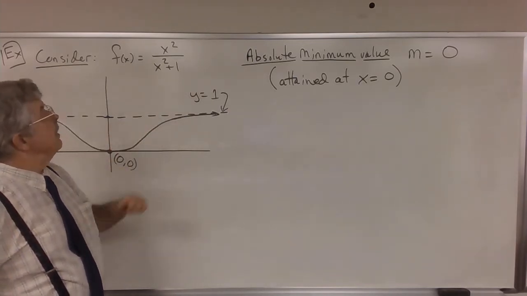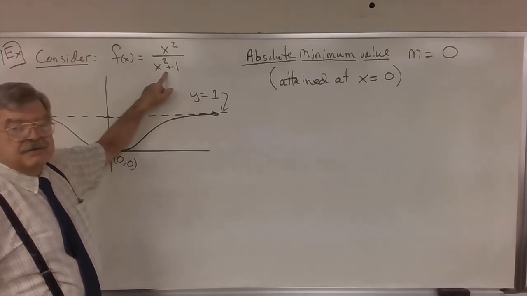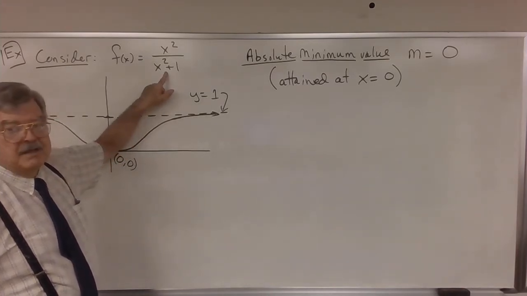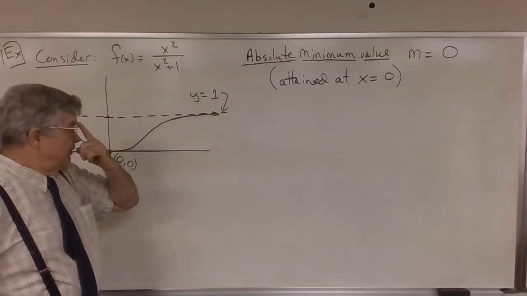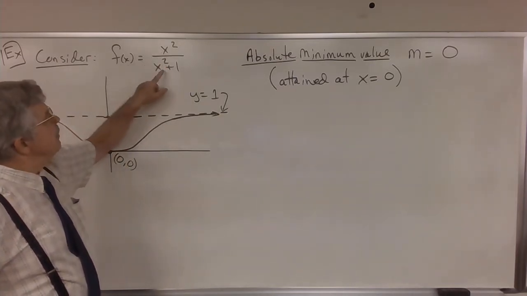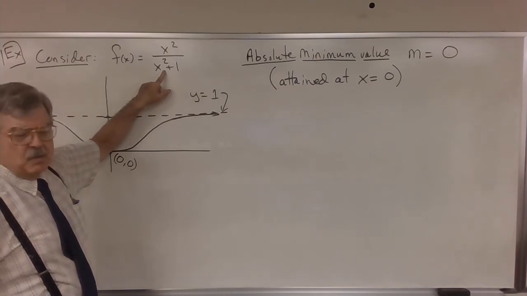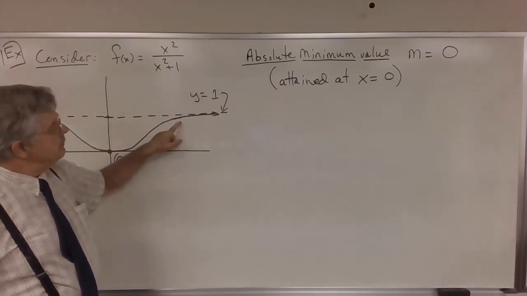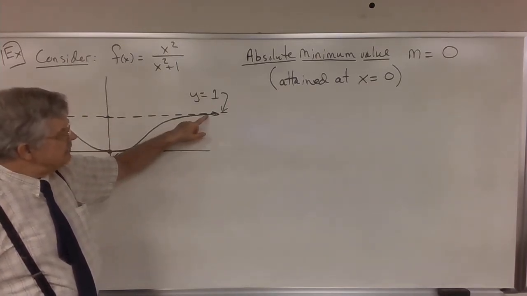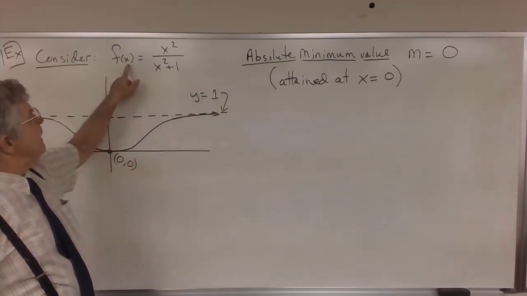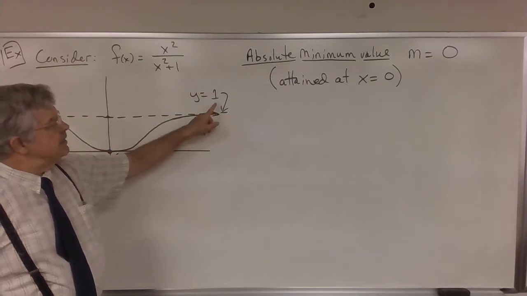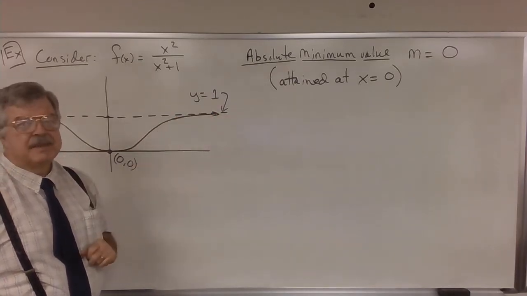And the answer is no. The denominator is always going to be 1 unit larger than the numerator. So in fact, f of x is always less than 1. So this graph never actually touches the line y equals 1, and f of x never actually becomes equal to 1.